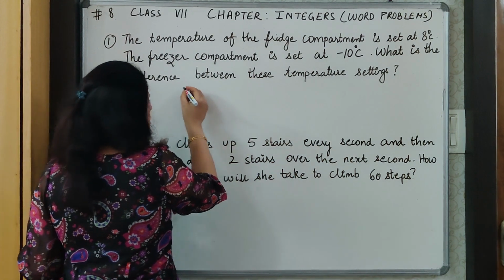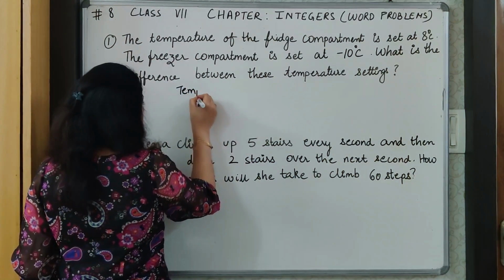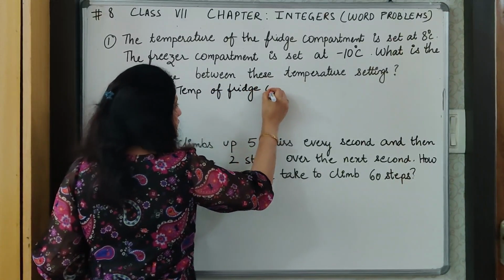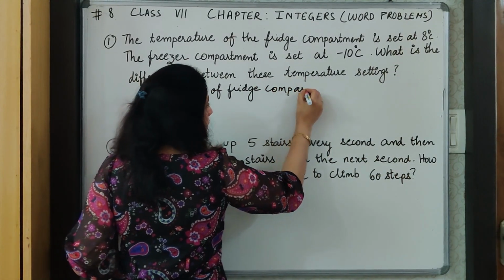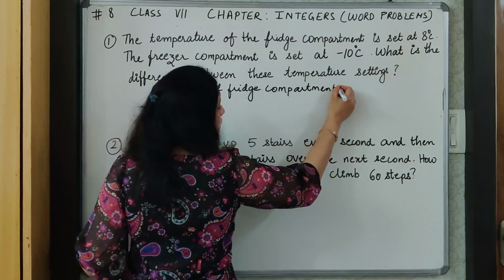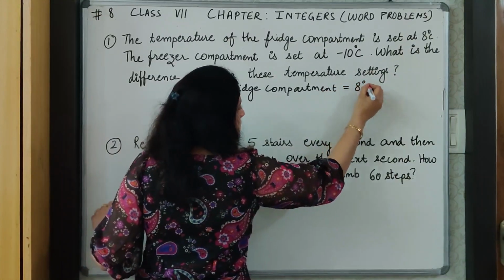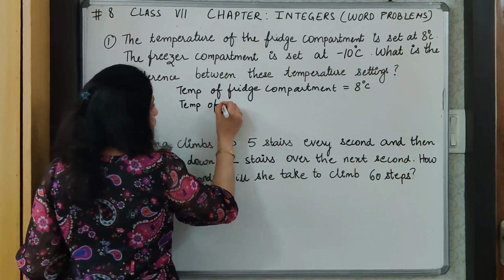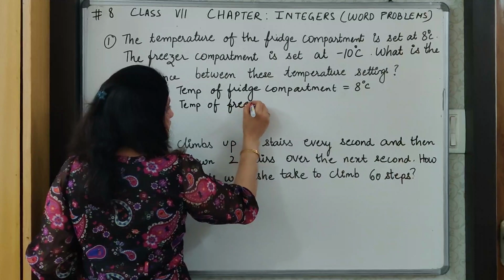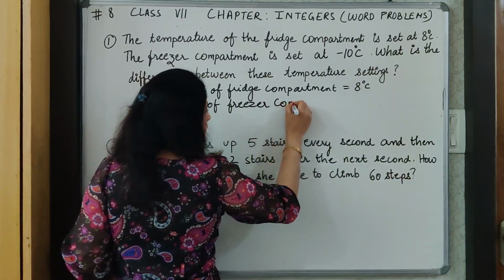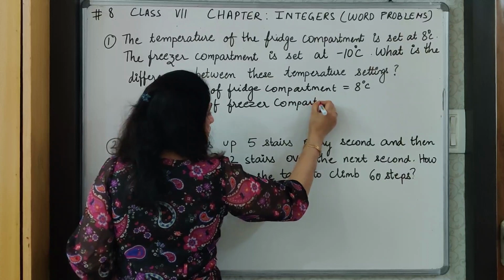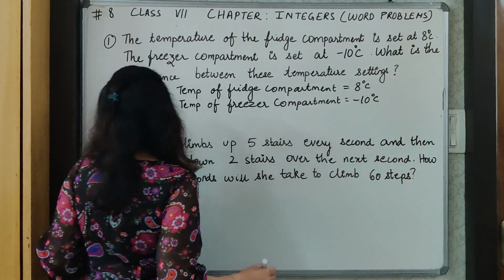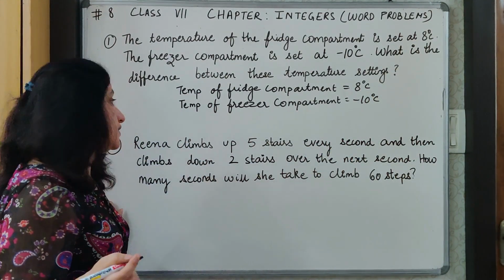So first the statement: the temperature of the fridge compartment is given as 8 degrees Celsius, and the temperature of the freezer compartment is minus 10 degrees Celsius. We have to find the difference between the two.